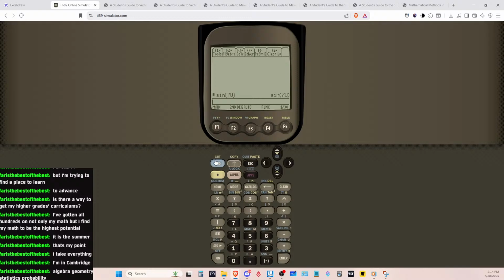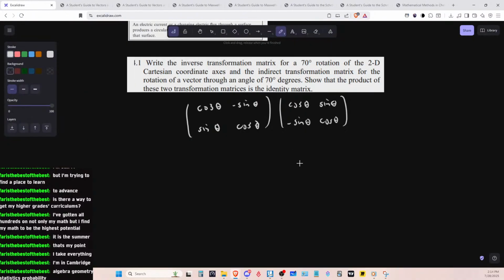Okay. Alright, let's try this again. Okay, why is it giving me in sign notation? That's not what I want to see. Alright, forget that. I'll just do it from my calculator I have at hand.